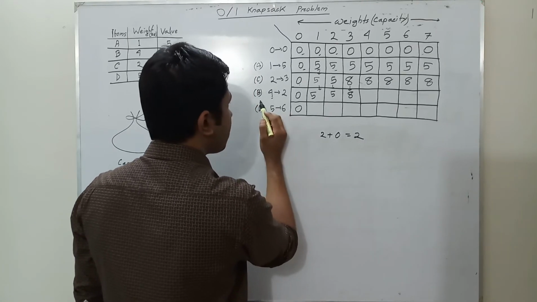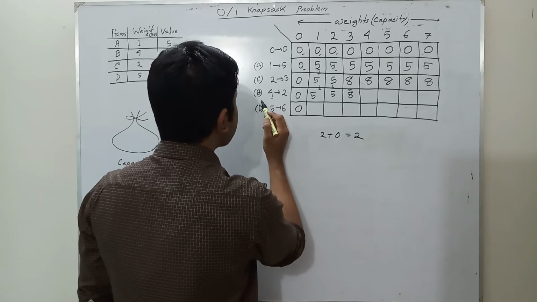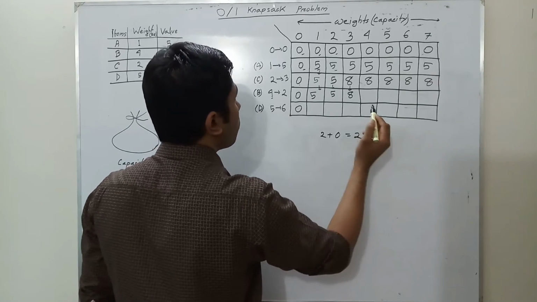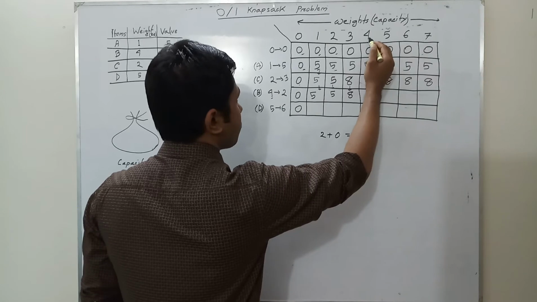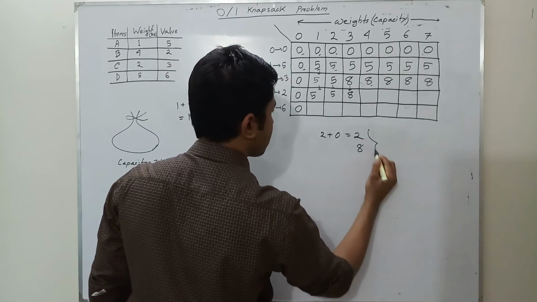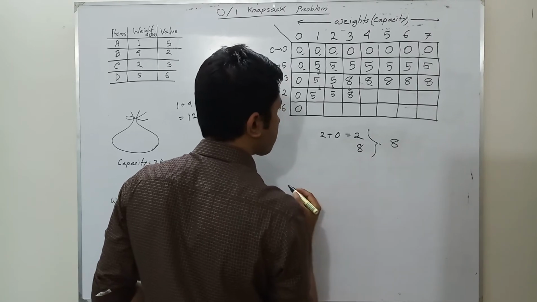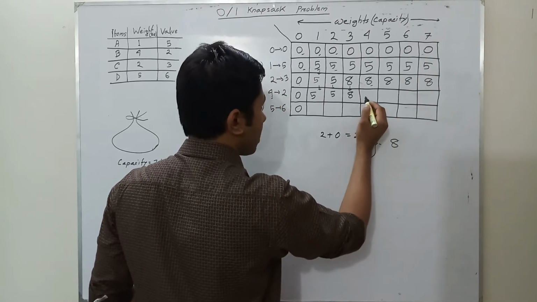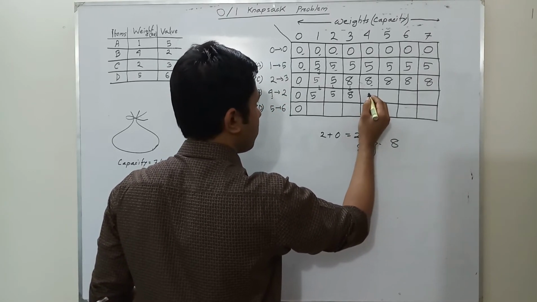And without using the item B, the maximum obtainable value when the capacity of the knapsack is 4 is, we know, 8. Here the maximum value is 8. So the maximum obtainable value for this field will be 8.